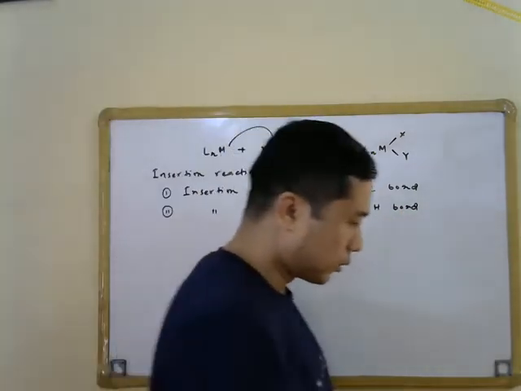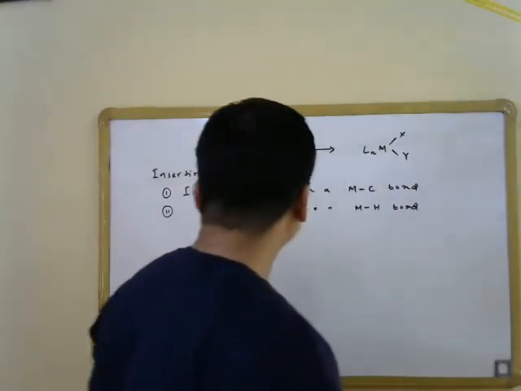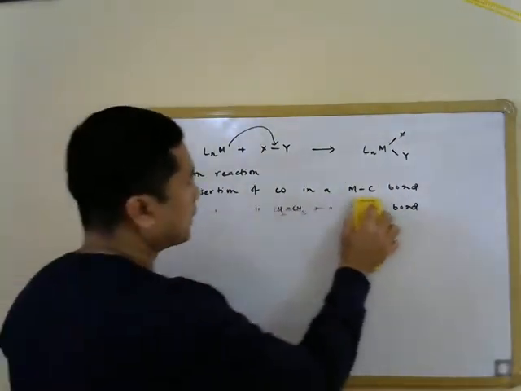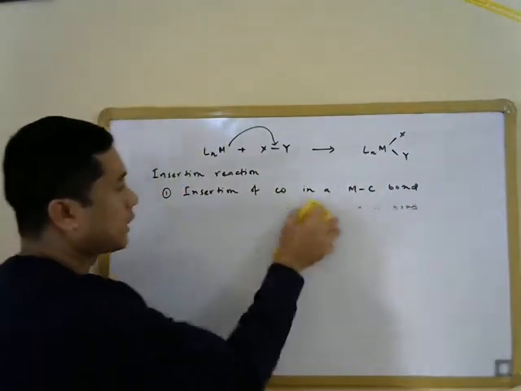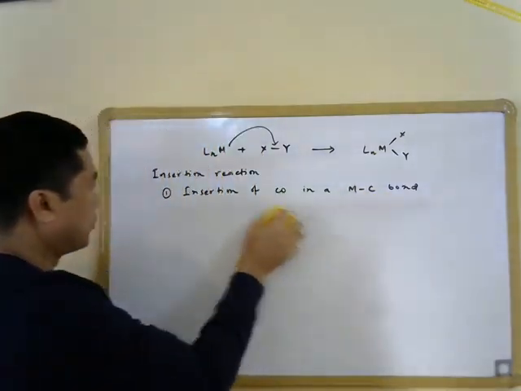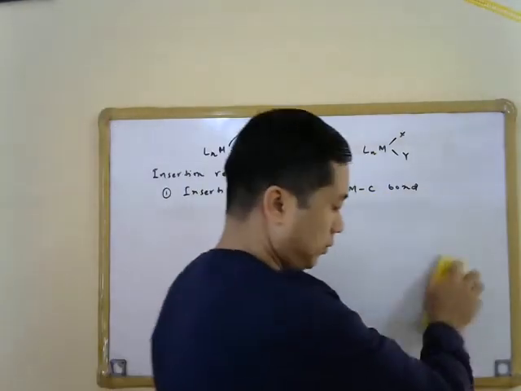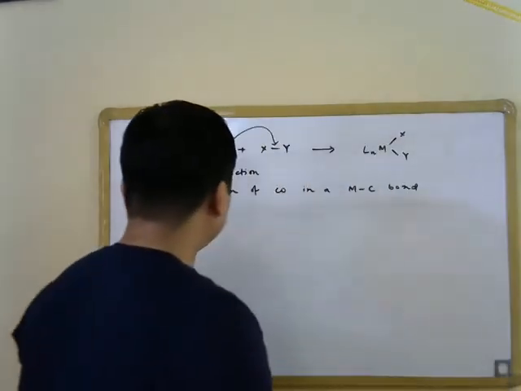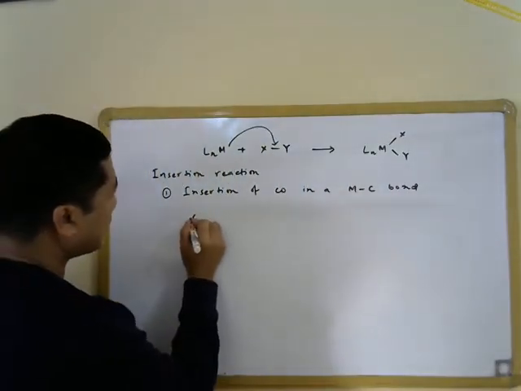Now let us look at a classic example of the first kind of reaction, that is insertion of carbon monoxide into an M-C bond. This is a manganese carbonyl complex.